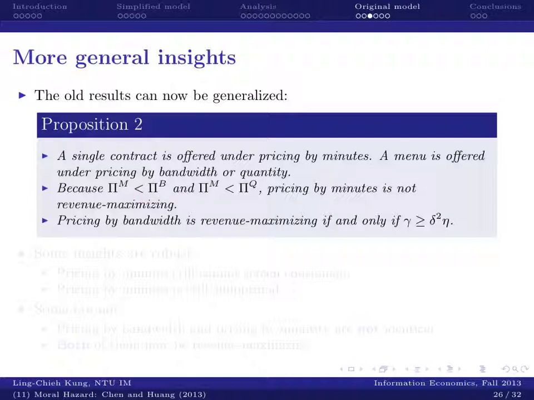The other one, now it may depend. So pricing by bandwidth will be revenue maximizing if and only if gamma is greater than delta squared times eta. Okay, so that means whether pricing by bandwidth or pricing by quantity is revenue maximizing depends on the value of the three parameters.